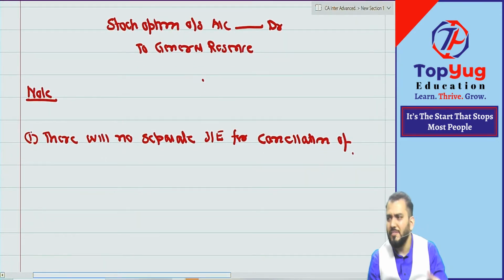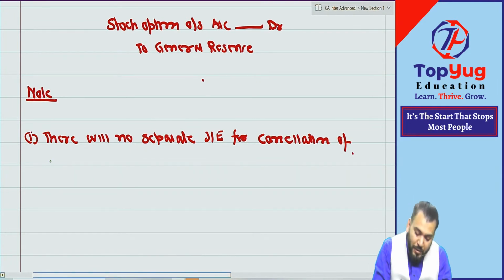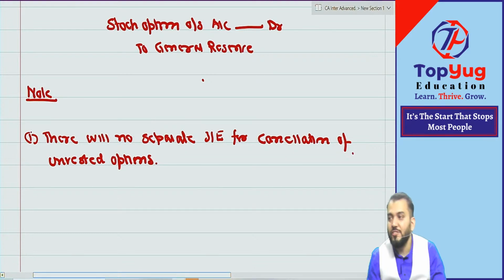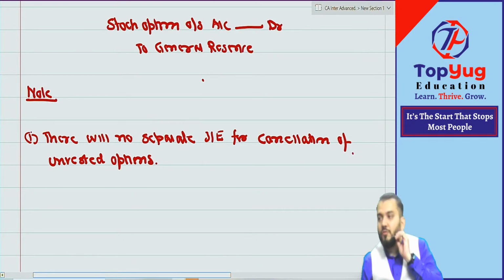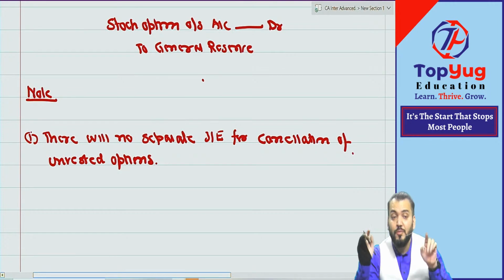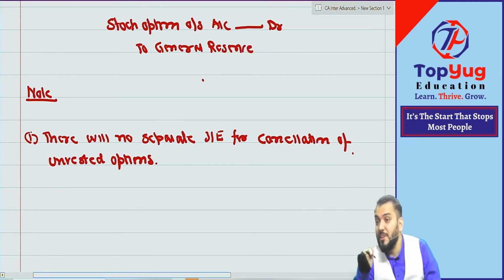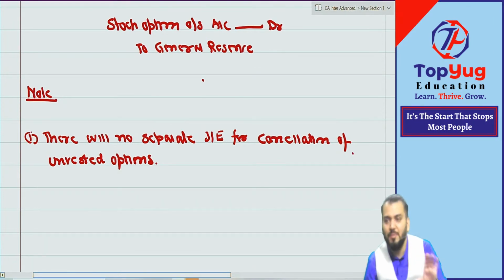We have done a separate journal entry for vested option now. For cancellation of unvested options. Have you understood this sentence? For cancellation of unvested option, we are not doing any separate journal entry. But for cancellation of vested options, we are doing a separate journal entry. Why? Can you explain me?